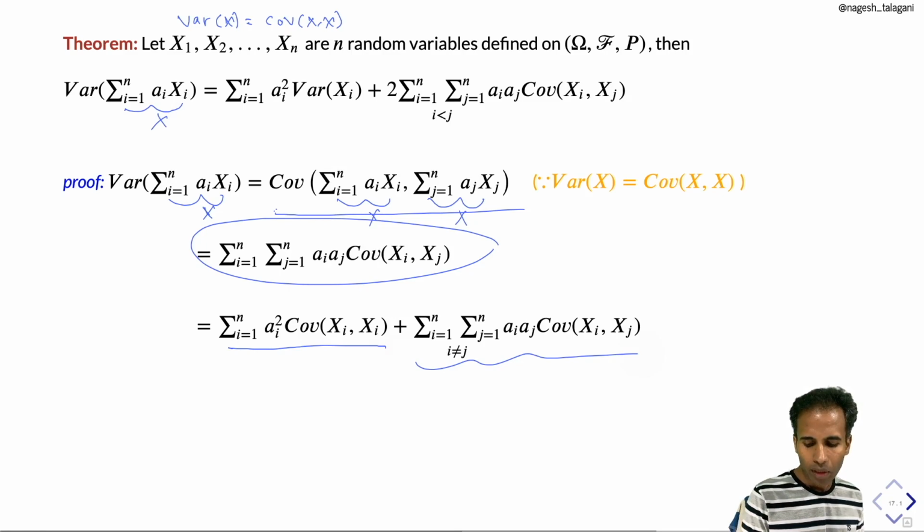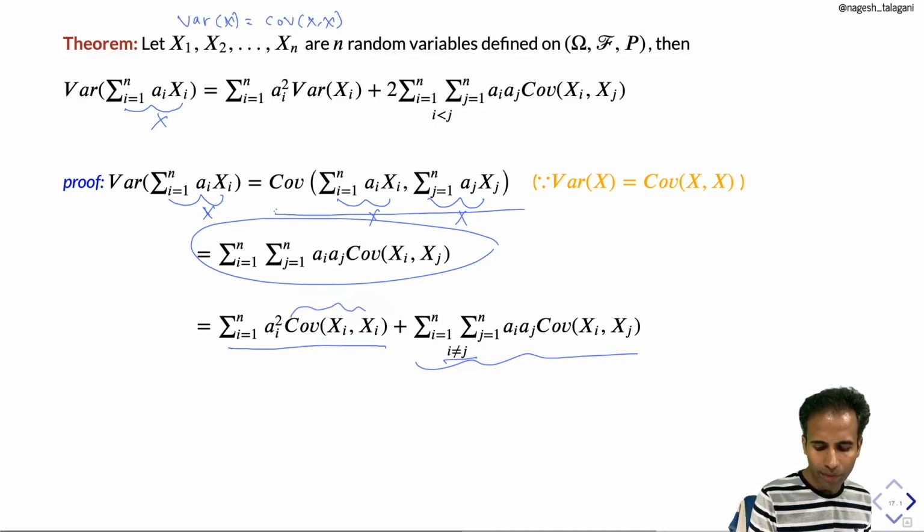Here the first summation runs over the first index i from 1 to n, and the second summation runs over the second index j from 1 to n, but here i not equal to j. This is how I am separating the total terms into i equal to j terms and i not equal to j terms. Here the covariance of xi comma xi is going to be the variance of xi.